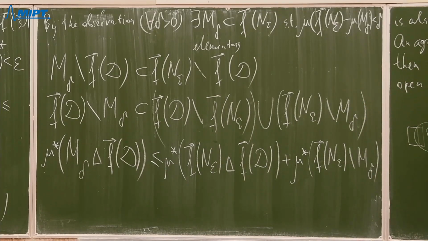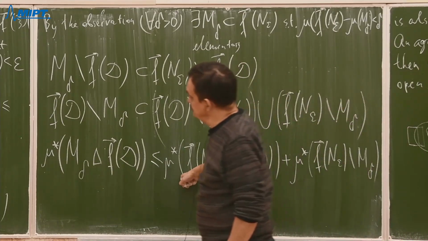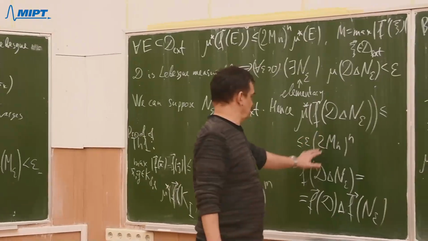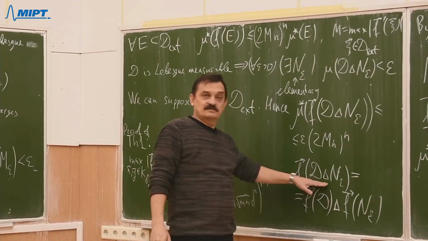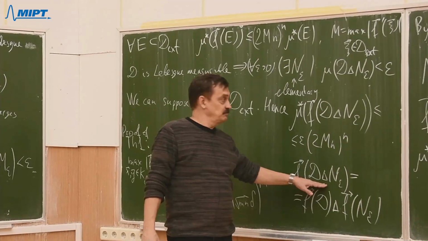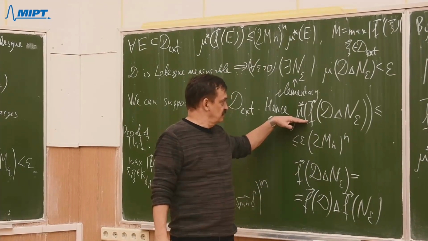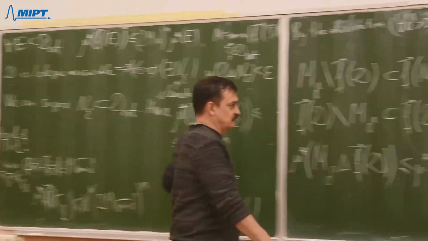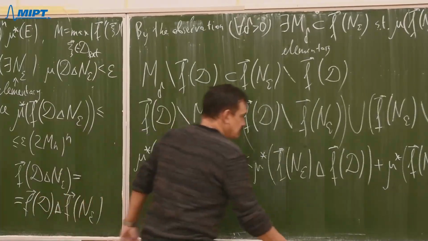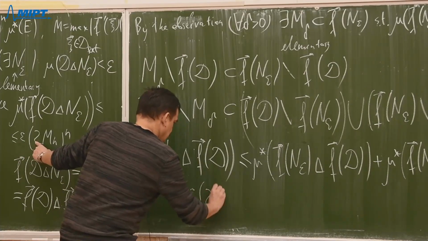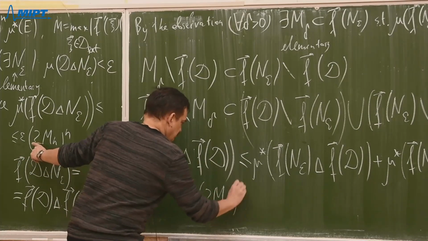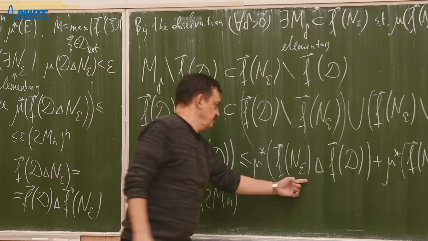But look, this symmetric difference is the image of a symmetric difference, outer measure less or equal to epsilon times 2m to the power n, the first term.